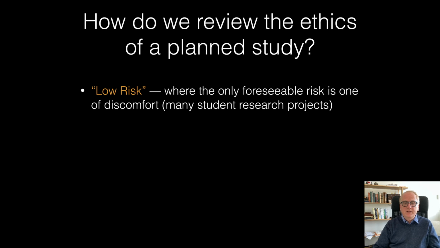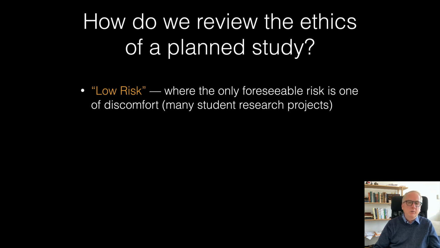We have different levels of risk in our ethics. So we could have a study that's considered low risk, and this is where the only foreseeable risk to our participants is one of discomfort. And this would include many of our student research projects. By discomfort, I mean maybe it's asking a couple of questions that are slightly embarrassing, or they have to take some time out of their day to answer these questions.